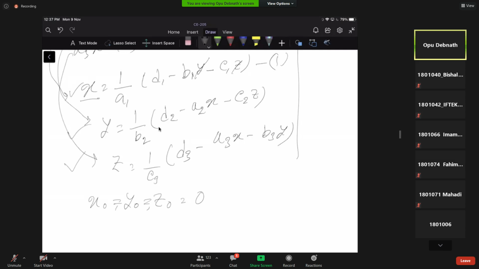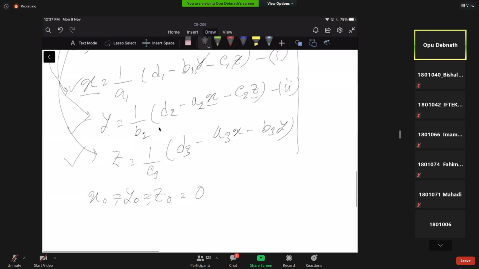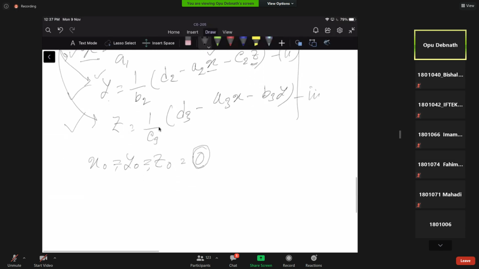Then go to equation 2. To find y, you need the value of x and z. You already have x from the first equation, and z is the updated value 0. Put these in, and you get a value of y. Then come to equation 3. You have the values of x1 and y1; put them in the third equation and you get the value of z.